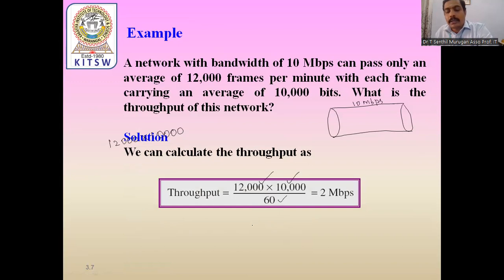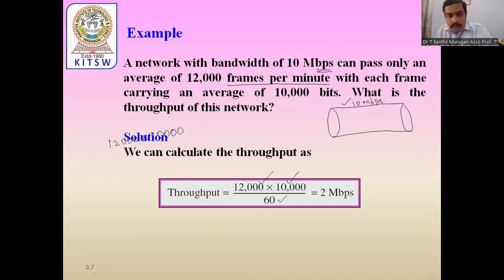They are saying per minute, but we want that per second. Okay, so what is that? Here they have given per minute, but we will calculate it in bits per second. 10 Mbps capacity is there, but how much data are we transmitting? So here 60 is there.